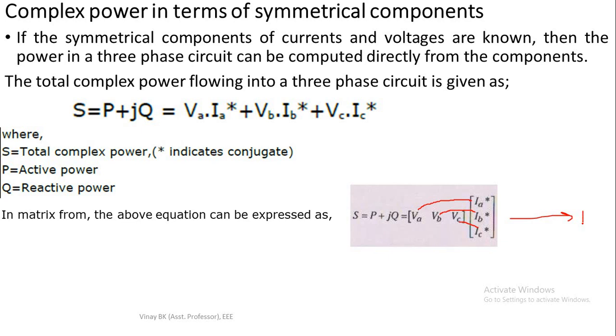Next, VA, VB, VC are the phase voltages, so I am going to write the phase voltages in terms of symmetrical components. Before that, I'll write VA, VB, VC as a transpose matrix, that is a 3 cross 1 matrix VA, VB, VC transpose.